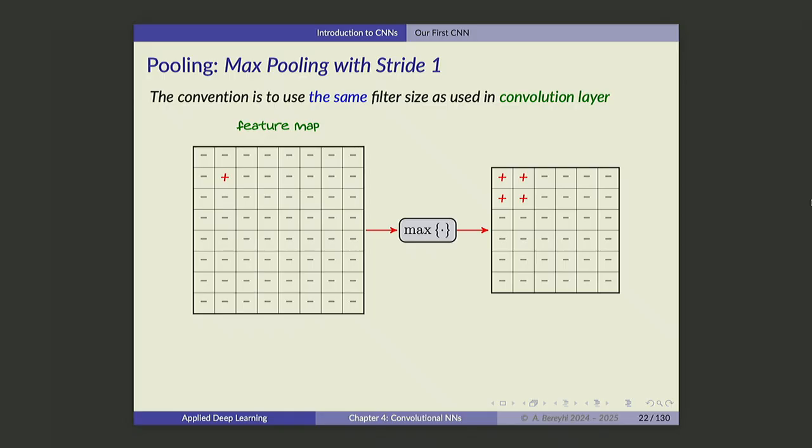Now, this map still has the information about your original image, because there are a bunch of positive numbers there. So this new map is still telling you that there is x inside your image. But this one has a difference to the previous one. If you look at the previous one, everything is negative, and there is one pixel inside the map which is positive.